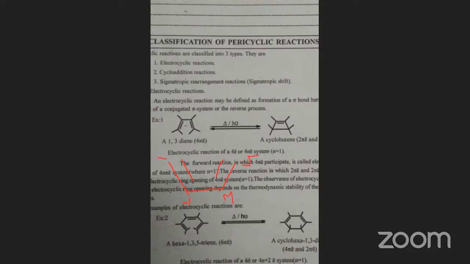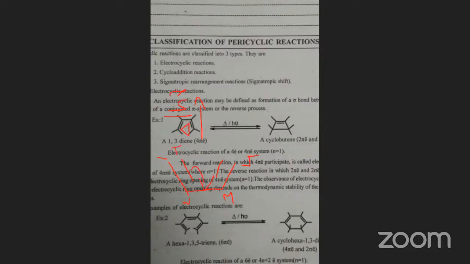In the presence of heat or sunlight, these pi bonded electrons are shifted here. Then this carbon gets the positive charge.